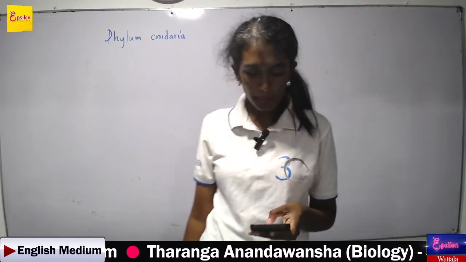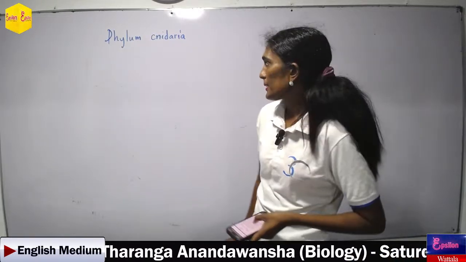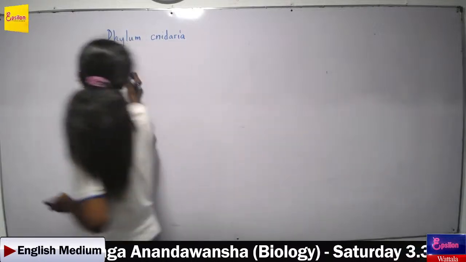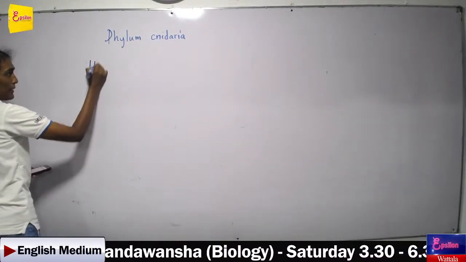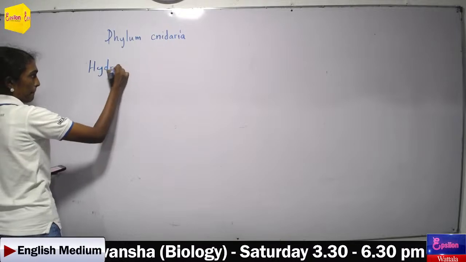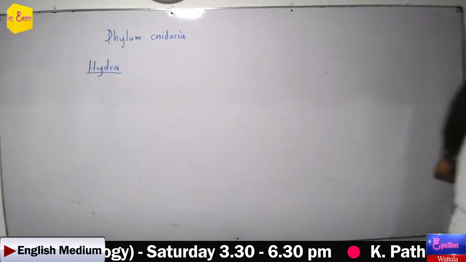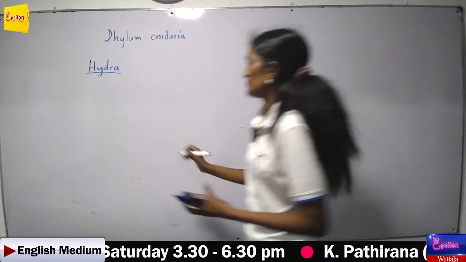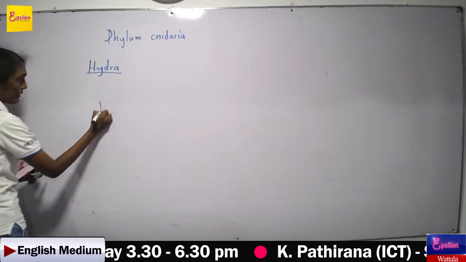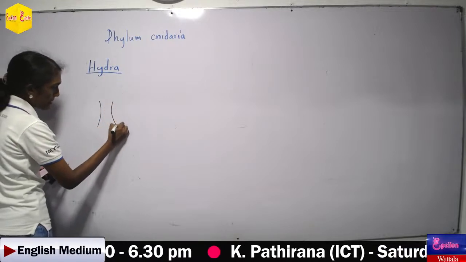So in this one, what are the examples that we know in the phylum Cnidaria? Hydra is one example. Have you seen Hydra? What kind of an organism? Having a cylindrical body like this, isn't it?